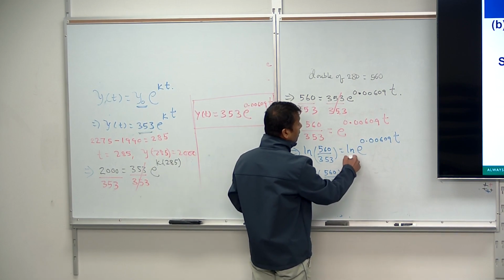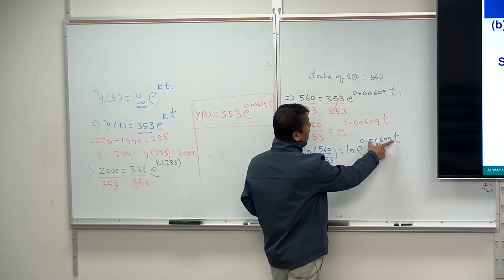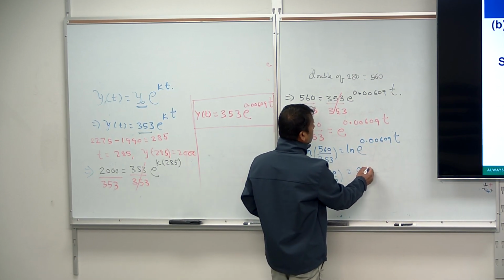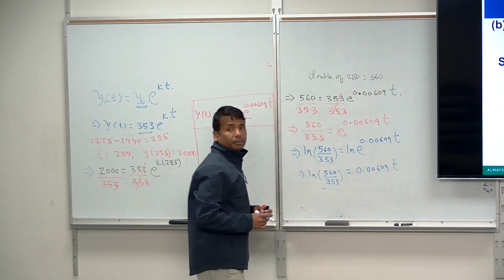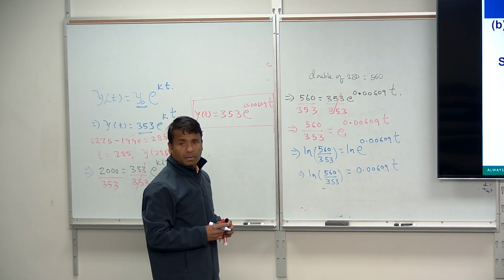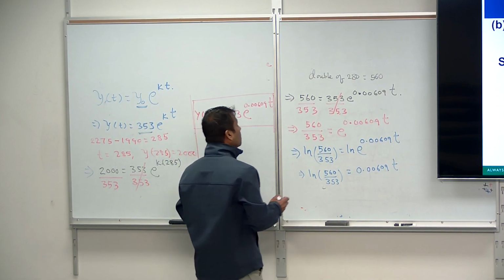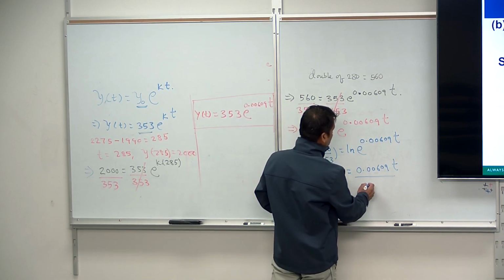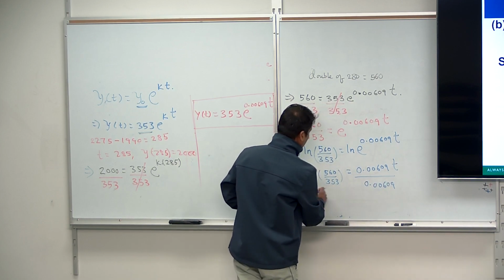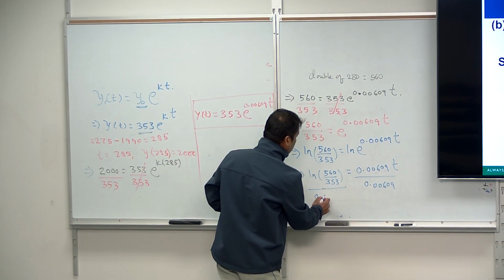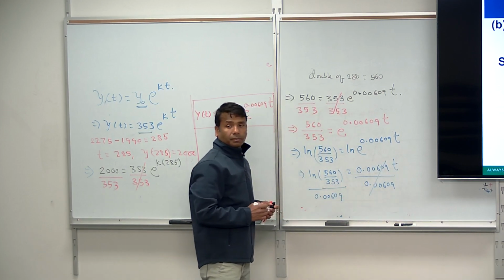You see the ln e to the power x equals x. So ln e to the power this equals 0.00609t. Make sense? And then you divide both sides by 0.00609. You cross them out.